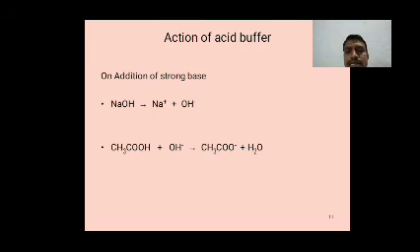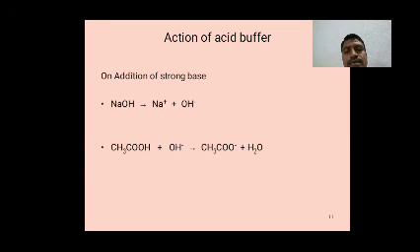The strong base produces OH minus ions in the buffer solution, which combine with acetic acid to form acetate ions and weakly dissociated water molecules.